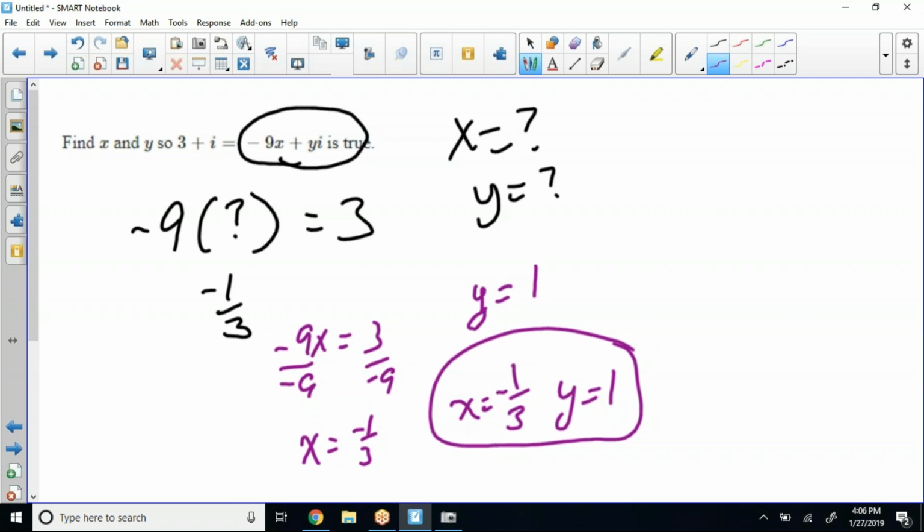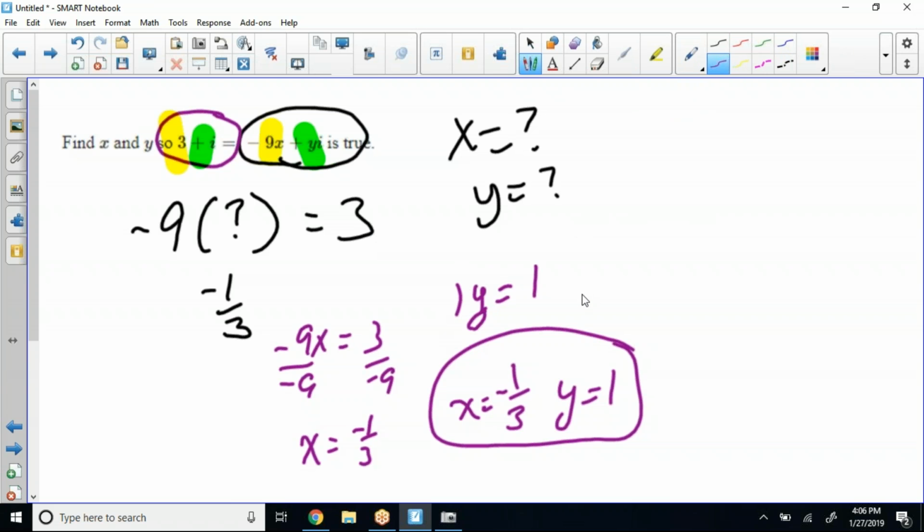How do you know that the Y is 1? Well, see the coefficient right here of the i? It's 1. So basically what I'm doing is I'm setting this part equal to that part. I'll take this coefficient, set it equal to that coefficient. When I do, you can see that it's just one y.